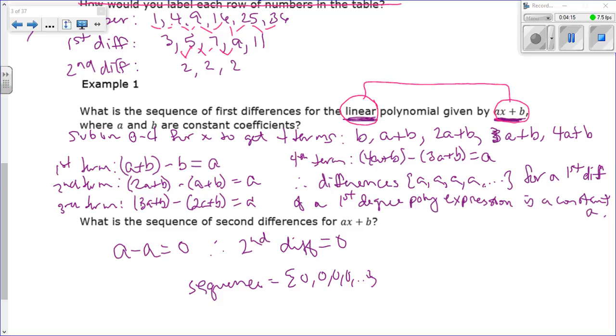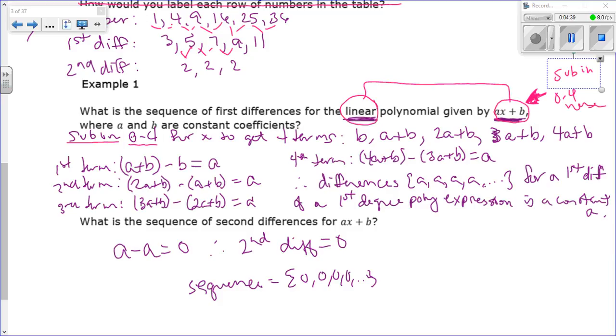So what I need to do is just substitute in the numbers 0 through 4 into x, into this equation right here.